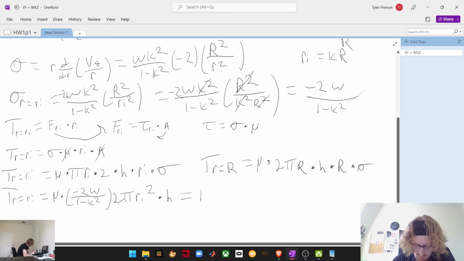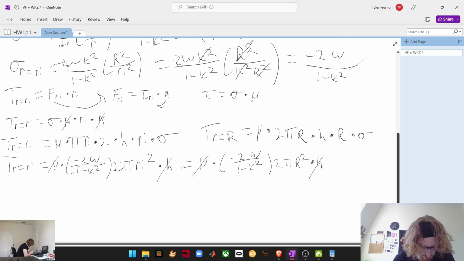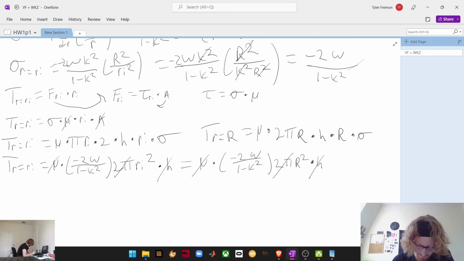So we have mu times negative 2 omega over 1 minus k squared, 2 pi big R squared times height. From there we can cancel out these omegas, and these h's, and actually these 2 pi's.